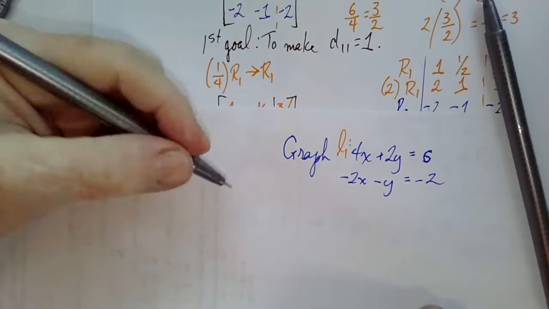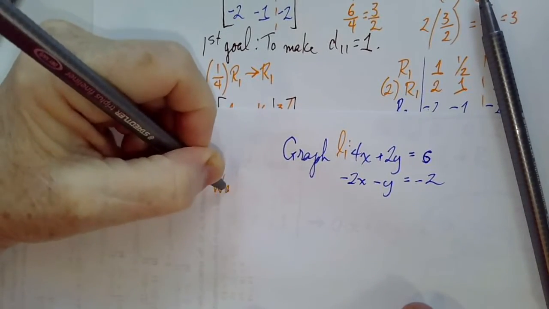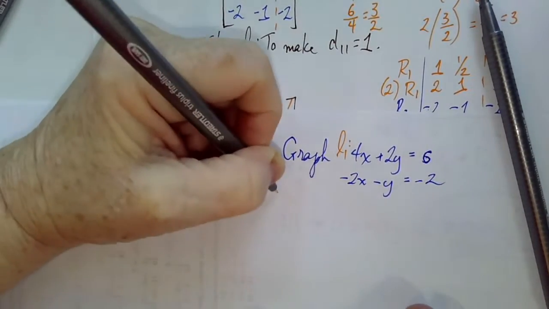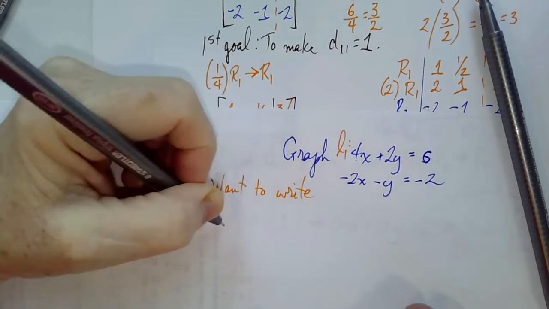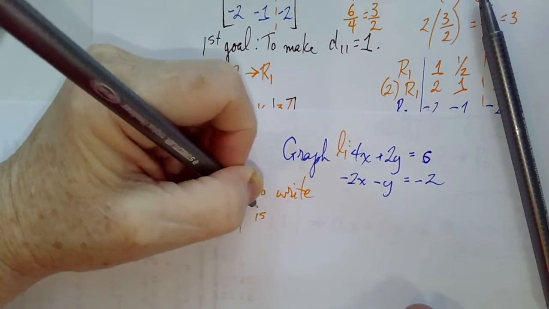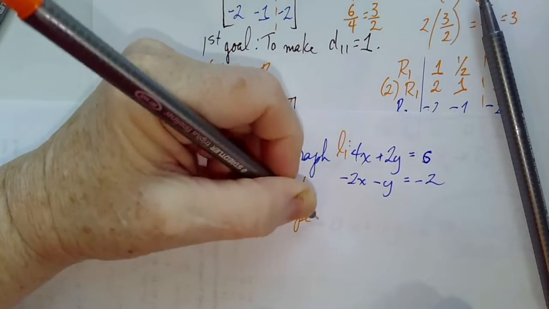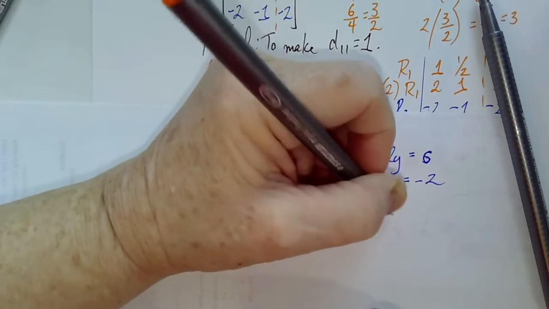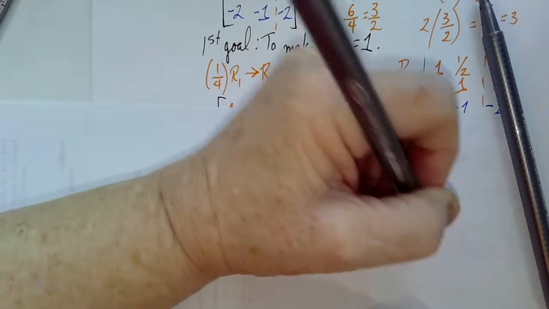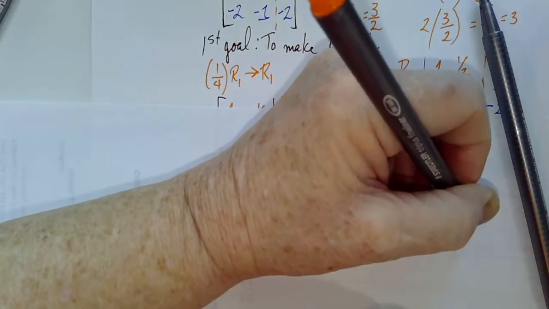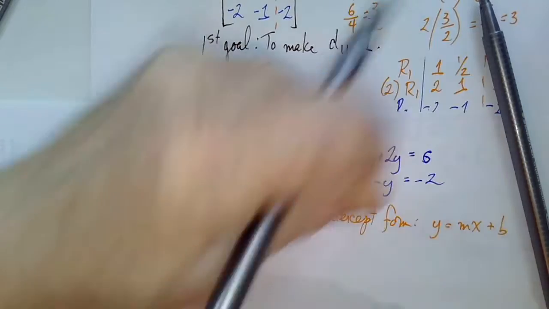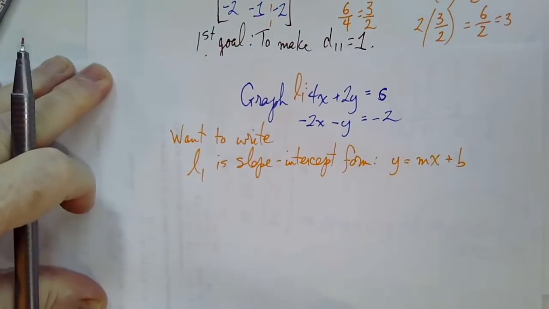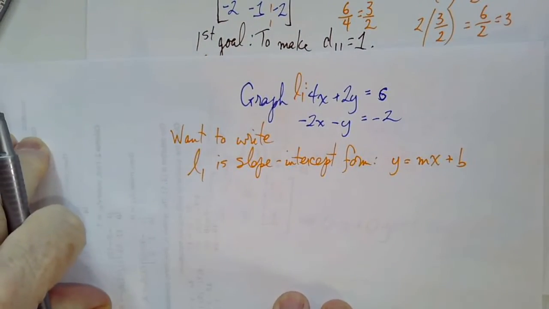For line 1, we want to write line 1 in slope-intercept form, which is y equals the slope times x plus the y-coordinate of the y-intercept. That means we need to solve for y.